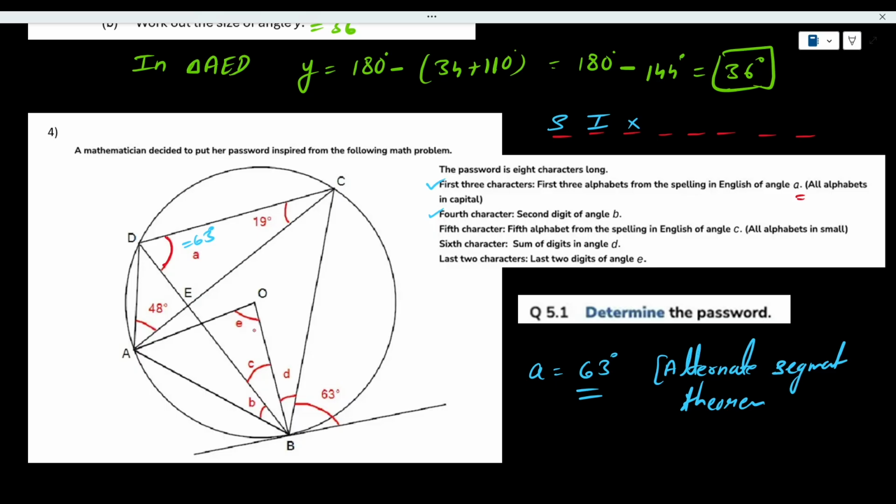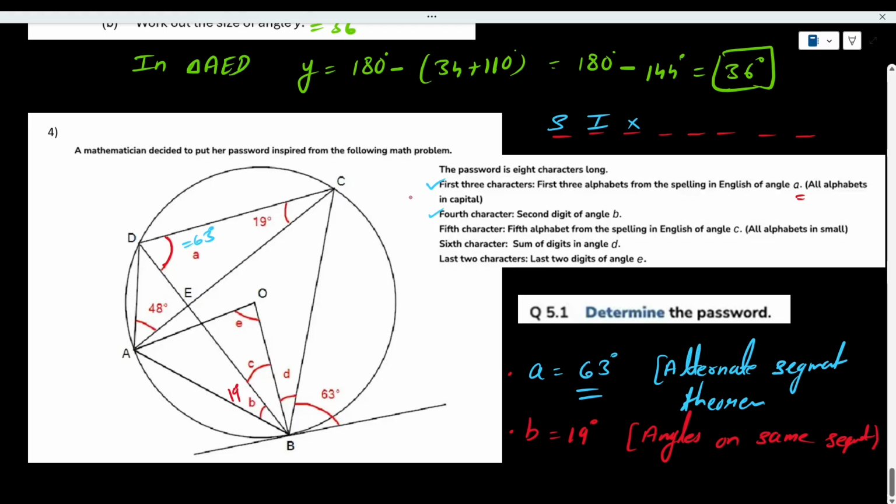So B is going to be equal to 19°, right? So this is your first finding. B is 19° using angles in the same segment are equal.